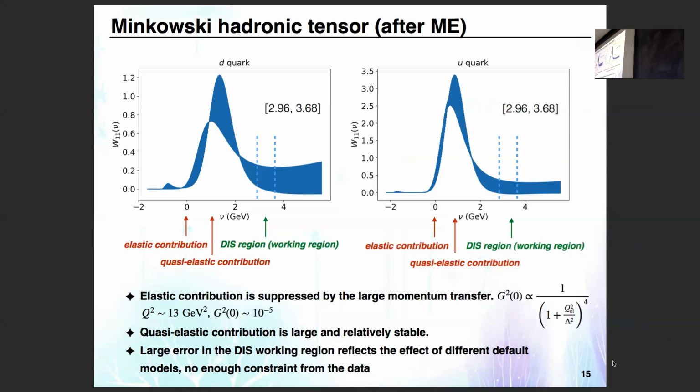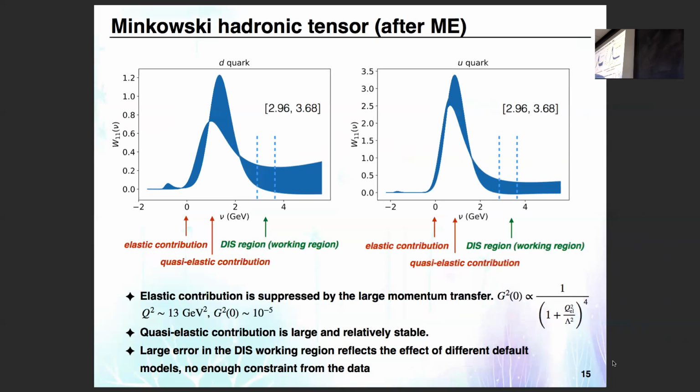After this, around 1 point something or 2 GeV, we can see just one structure. I don't think it is a single peak, but it should be some contribution from the quasi-elastic region. Although the error is large, it is somewhat stable here, even considering this error.